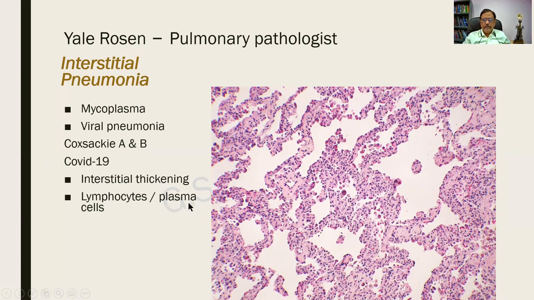The infiltrates are lymphocytes and plasma cells. One simple way of remembering: bacteria, think of neutrophils. Viruses, think of lymphocytes and plasma cells. If it is tubercle bacilli, it can again be lymphocytes and plasma cells, along with macrophages. Bacteria alone, it will be neutrophils.